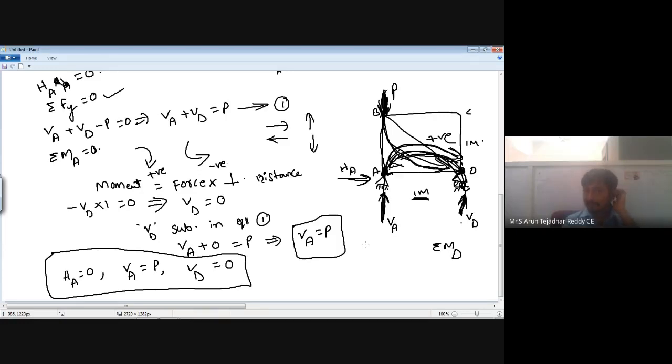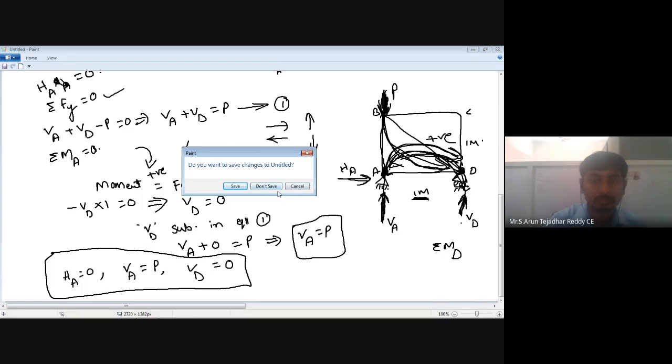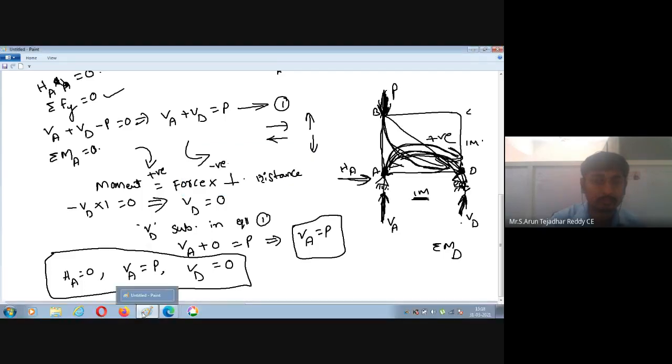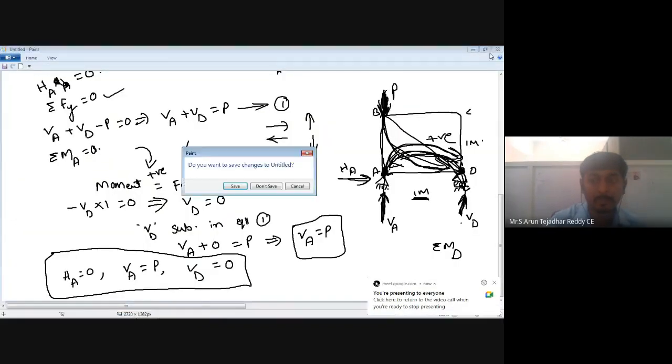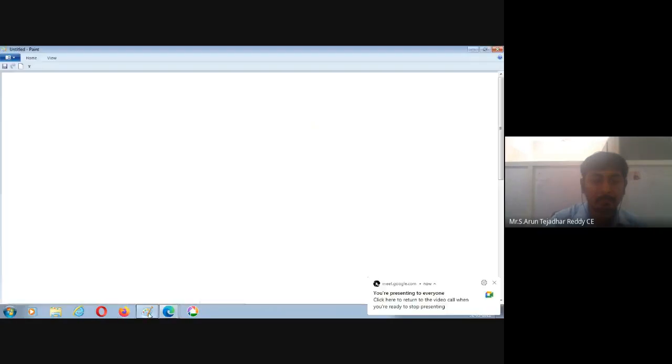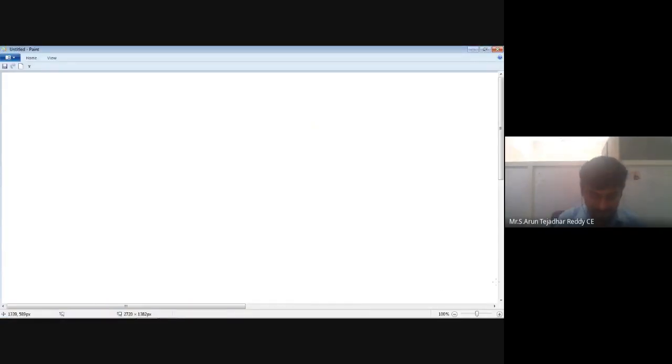After completion of support reactions, the next step is we need to find the joint equilibrium equations by taking each and every joint. Write down the second step, joint equilibrium equations.